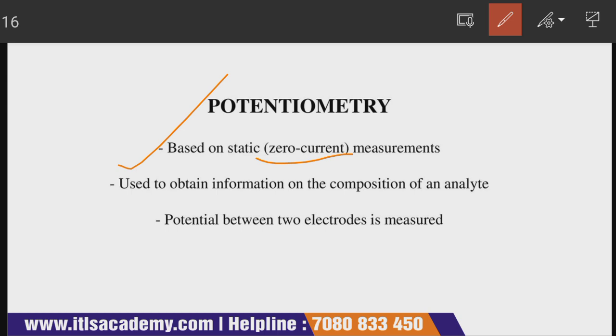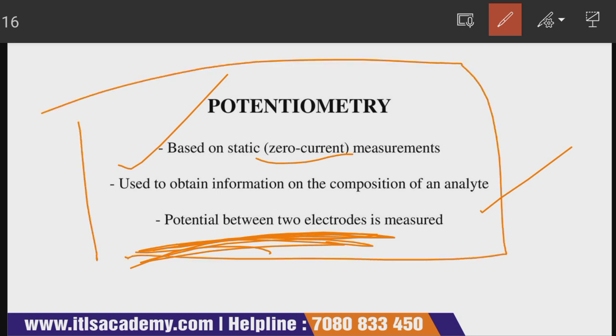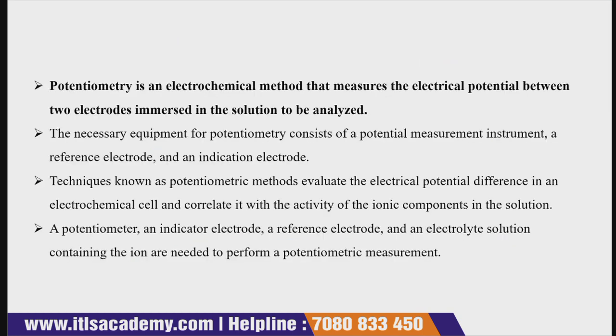It is used to derive or detect information about the composition of an analyte, and to measure the potential difference between the two electrodes. So this is the whole overview, and depending on this slide, we will understand further.